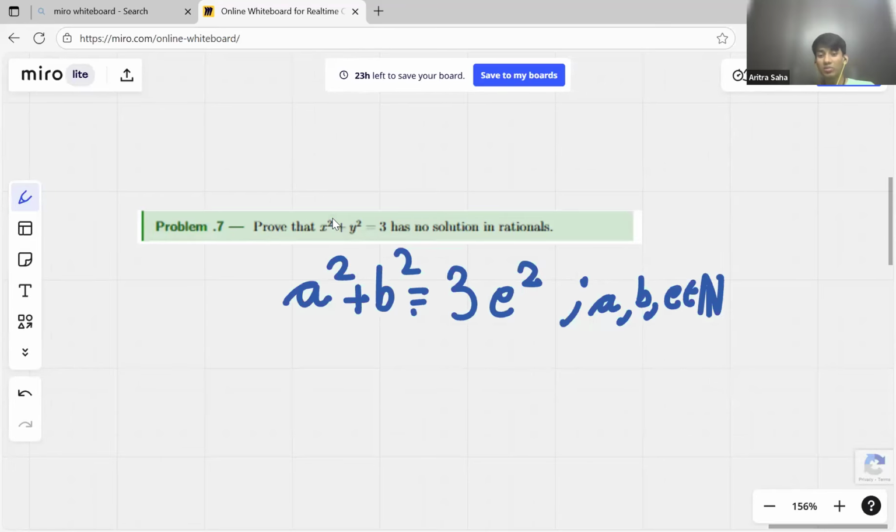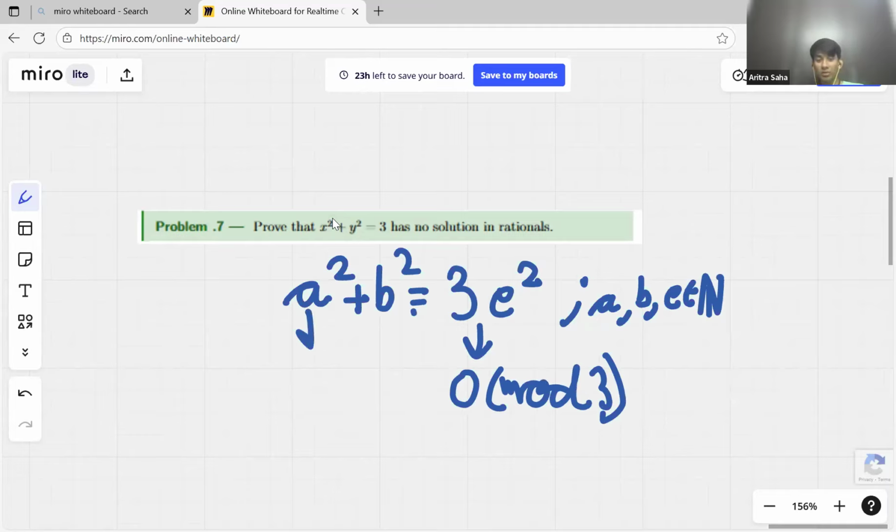Now his idea was this is 0 mod 3, right? We know that a square is 0 or 1 mod 3. So if this is 0 or 1 mod 3, and that is also 0 or 1 mod 3, the sum can only be 0 mod 3 if both are 0 mod 3.